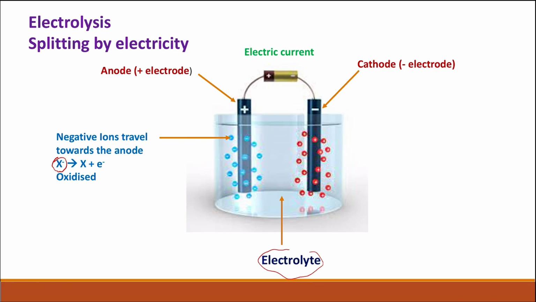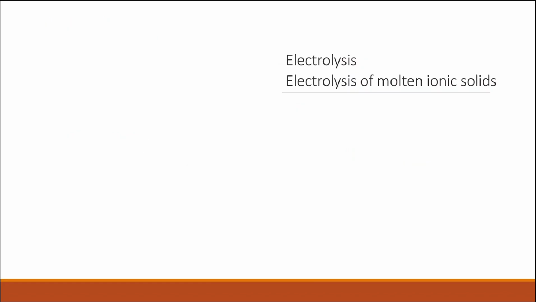At the anode, the positive electrode, they're going to lose the electron and be oxidized, while the positive ions will travel toward the cathode, which is the negative electrode, and there they are going to gain electrons and will be reduced. As ions gain or lose electrons at the opposite electrodes, they form uncharged elements and they are discharged from the electrolyte as elements, not as ions.